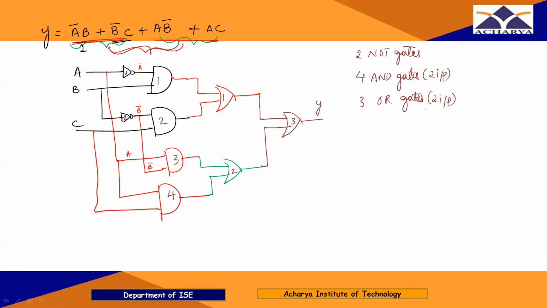Now you have to tell me how many ICs are required to rig up the circuit, right? So in one IC, a NOT IC consists of 6 gates. An OR IC of 2 input consists of 4 gates, right? And an AND IC, which is of 2 input, consists of 4 gates, right?